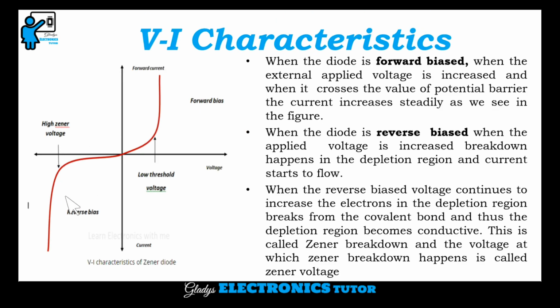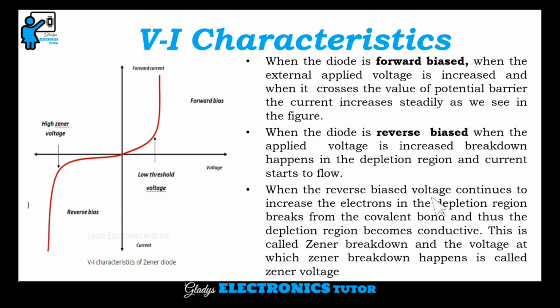This is the VI characteristics of Zener diode. When the diode is forward biased, when the external applied voltage is increased, and when it crosses the value of potential barrier, the current increases steadily, as we see in the figure. When the diode is reverse biased, when the applied voltage is increased, breakdown happens in the depletion region and the current starts to flow.